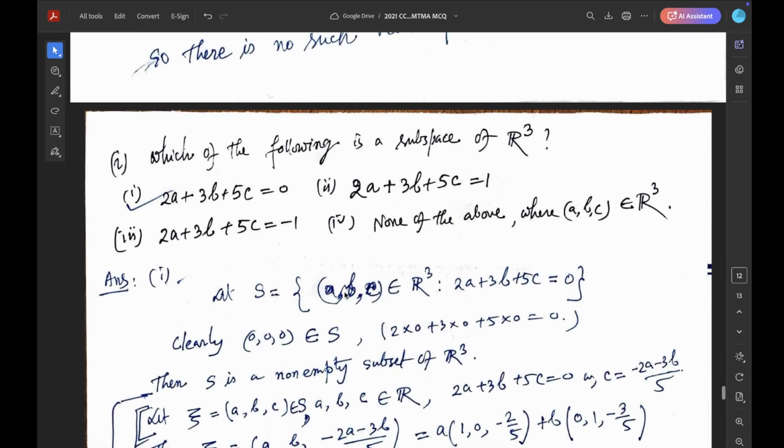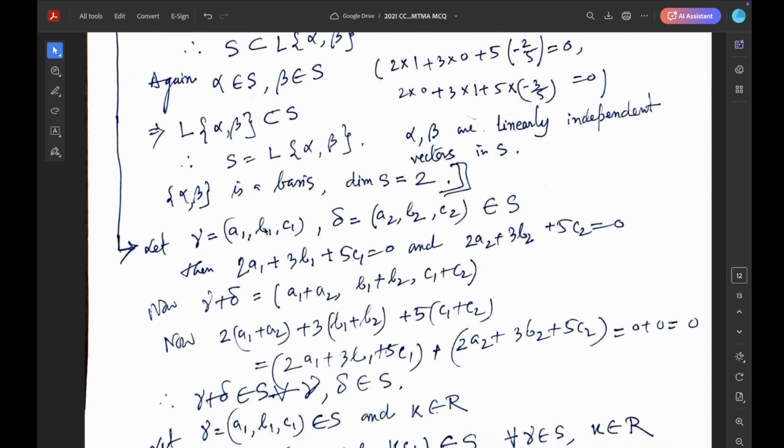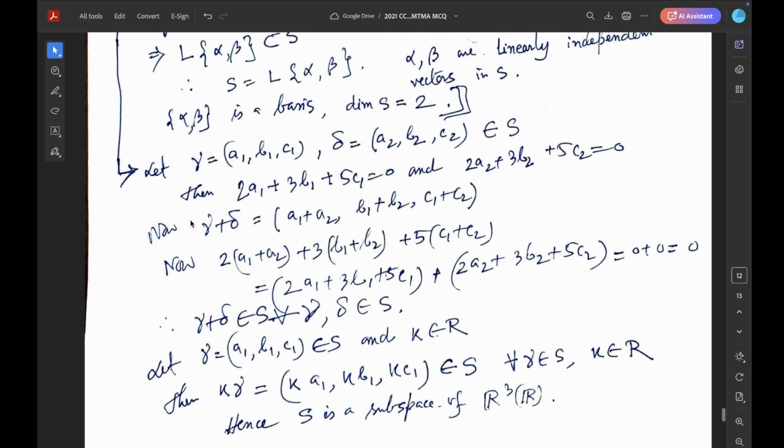Now we have this subspace. Let gamma equal to a1, b1, c1 and delta equal to a2, b2, c2 belong to S. Since gamma and delta belong to S, by the property of S, twice a1 plus 3b1 plus 5c1 equal to 0, twice a2 plus 3b2 plus 5c2 equal to 0. Now gamma plus delta equals this.